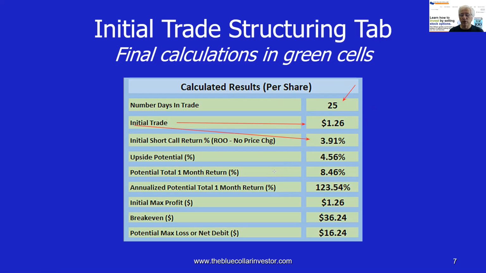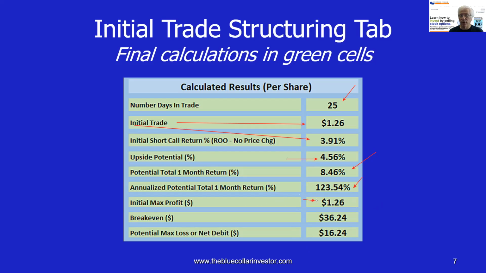Now, if the price of the stock moves up from current market value to the 37.50 strike, there's an opportunity for an additional 4.56%. That means there's a potential for an 8.46% 25-day return, which annualizes out to 123%.